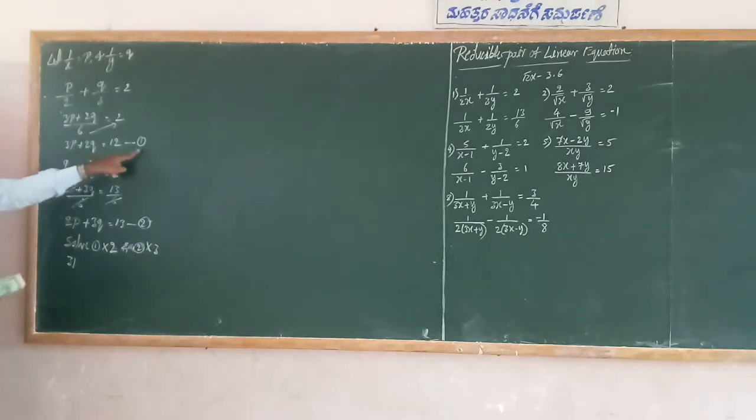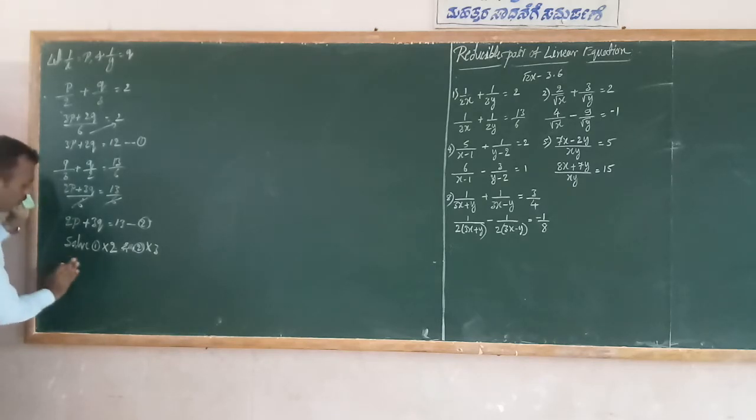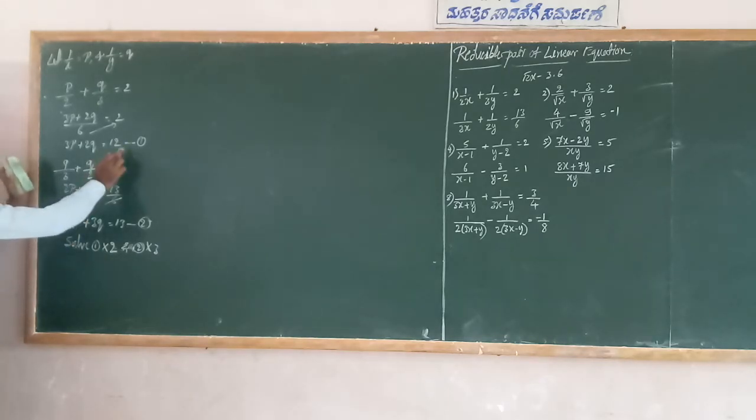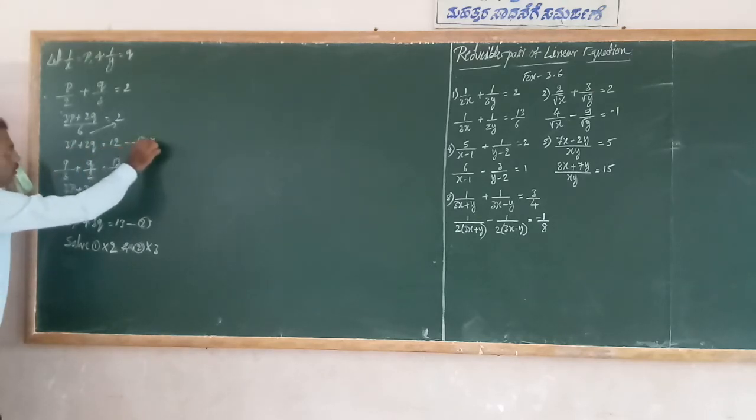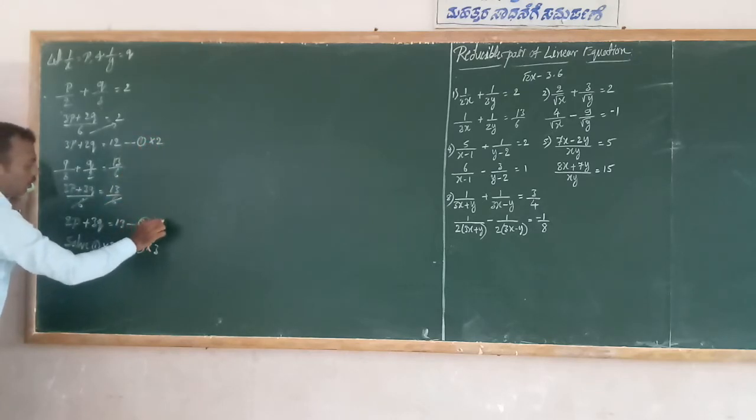See, in the first equation 3p is there. The coefficient of p in the second equation is 2. Therefore, you have to multiply the first equation by 2, and the second equation by 3, because the coefficient of p is 3 in the first. So this equation you multiply by 2, and this equation you multiply by 3.